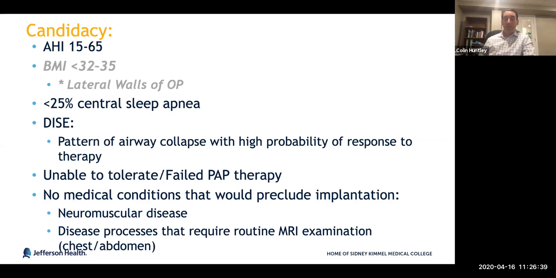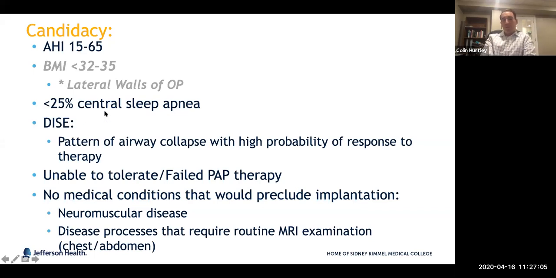The rest approved less than 32. We tend to think that the lateral walls of the oropharynx are actually more of a predictor of lack of response than BMI, and also that complete concentric collapse that we'll talk about on the sleep endoscopy. You do see more lateral oropharyngeal obstruction in patients with a higher BMI, but it's not necessarily a rule.